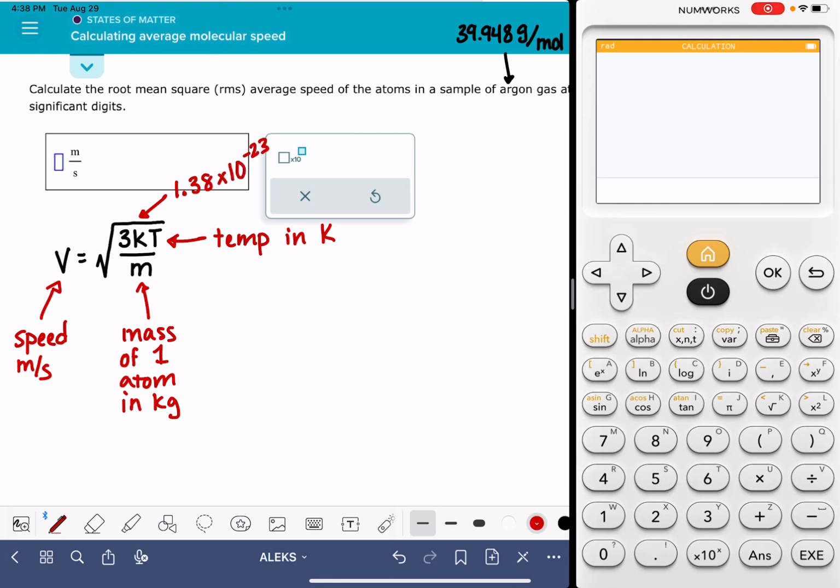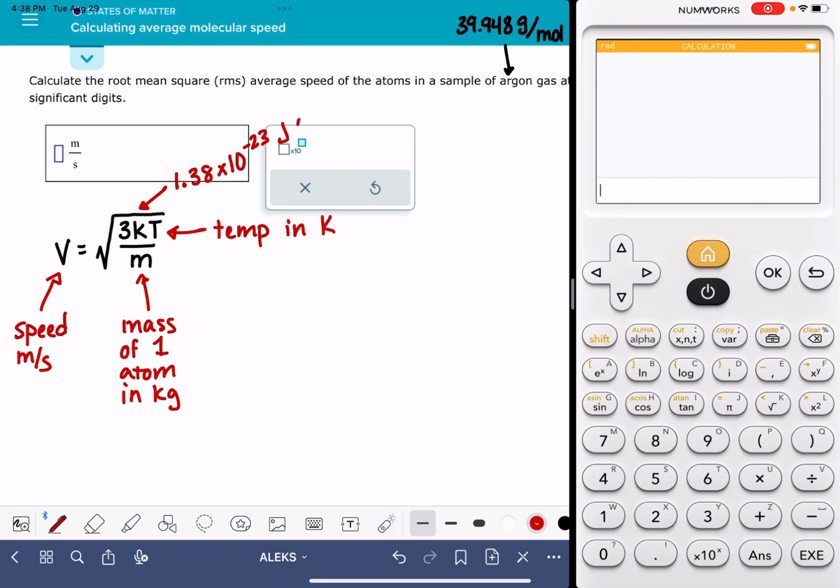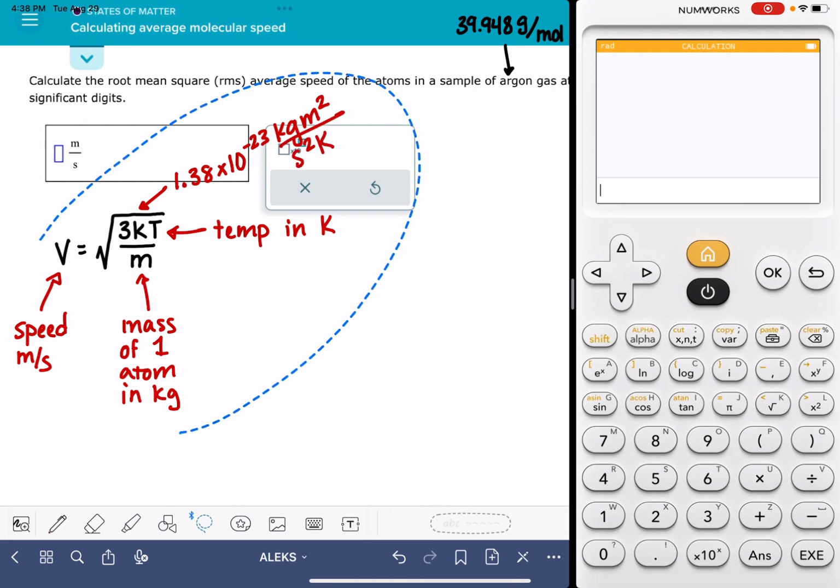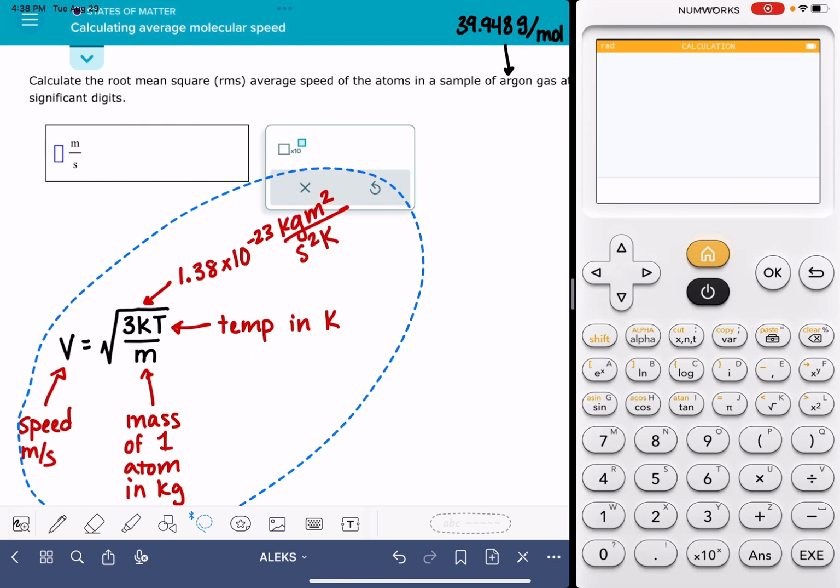Its units could be written in a couple different ways. It could be written in units of joules per Kelvin, but I think it is more useful if we write the units as kilograms meters squared over second squared times Kelvin. I'm just going to move this down to make it easier to read.